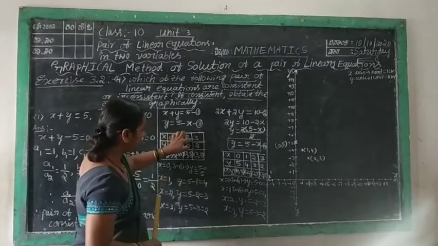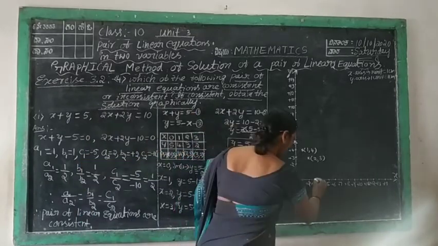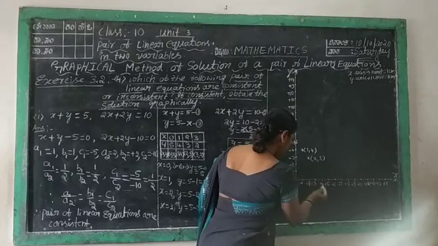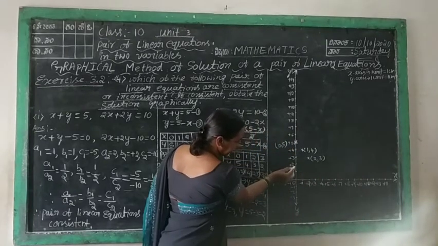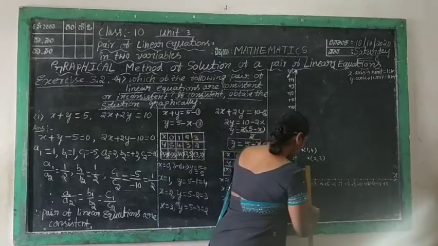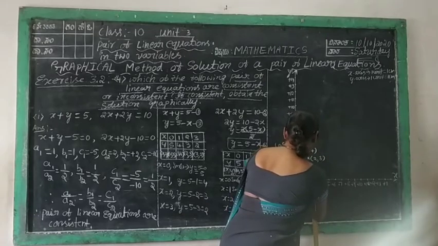The fourth point is plus 3 and plus 2. Plus 3 is on the x-axis and plus 2 is on the y-axis here. Then we represent it, plus 3 and plus 2.